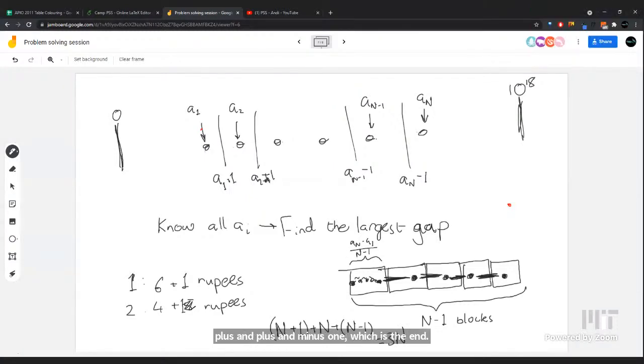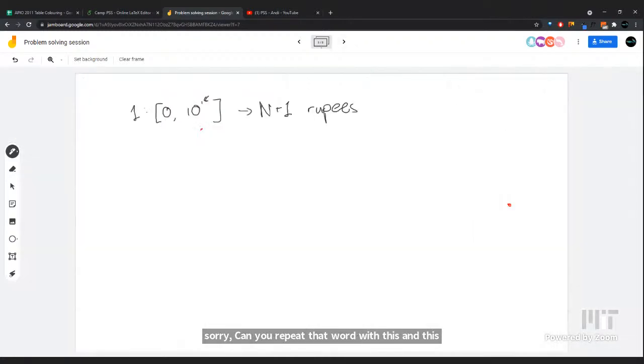How is the cost equal to this, n plus 1 plus n plus n minus 1? Okay, so the first query where you do 0 and 10 to the 18, since all of the numbers are in that range, you pay n plus 1 rupees.